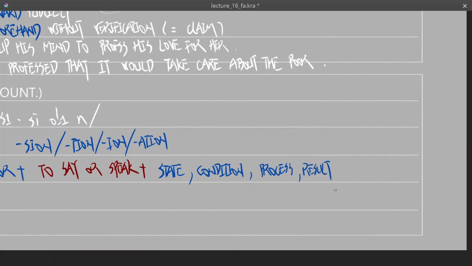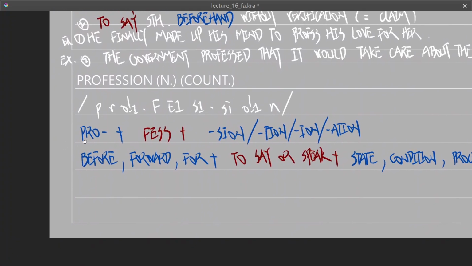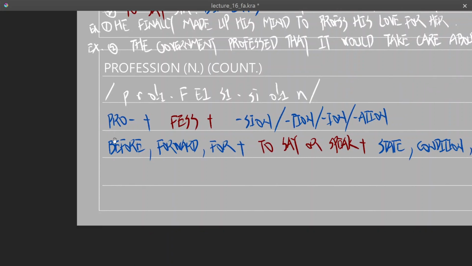Cool. So profession has two main meanings.